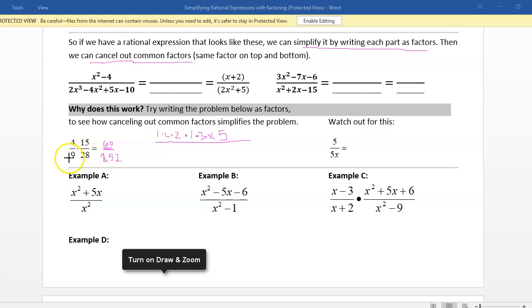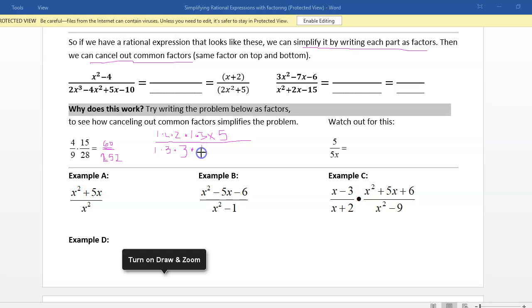In the denominator, I can rewrite the factors of 9. Well, the factors of 9 are 1 times 3 times 3. And 28, I'll write all those factors out.